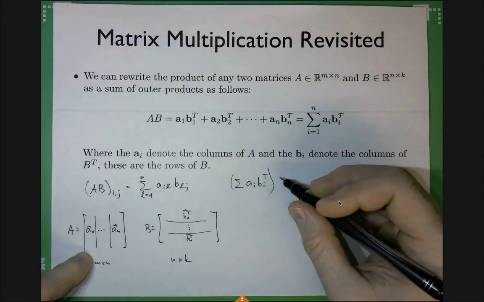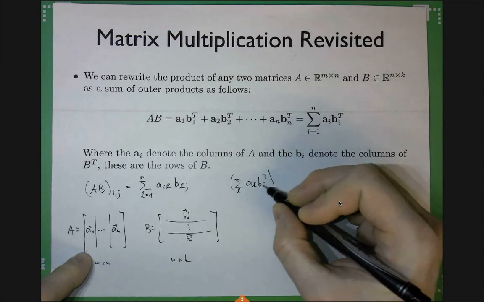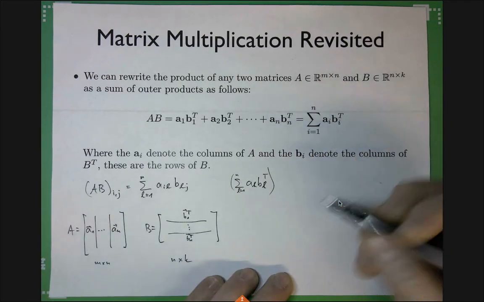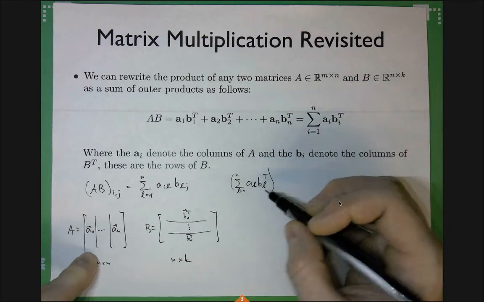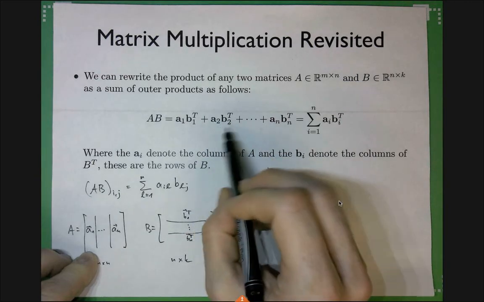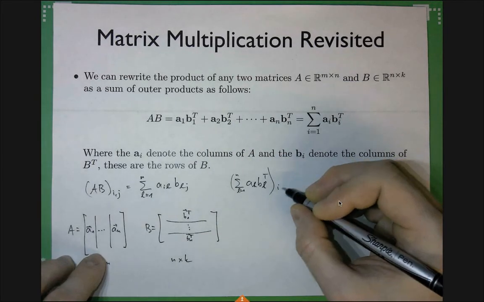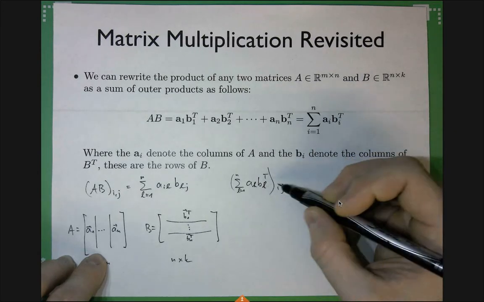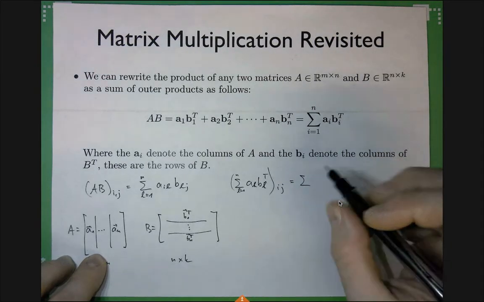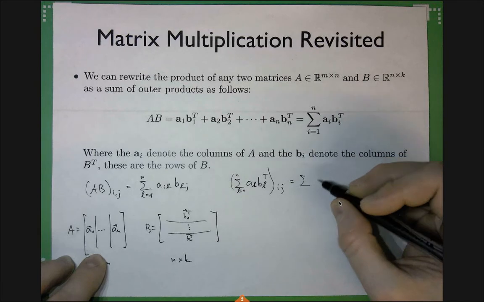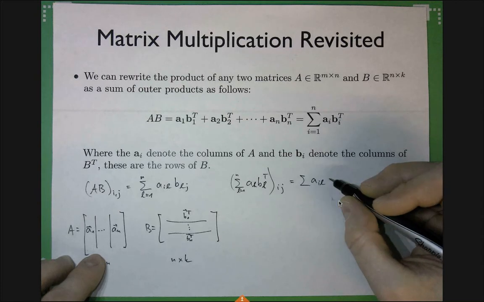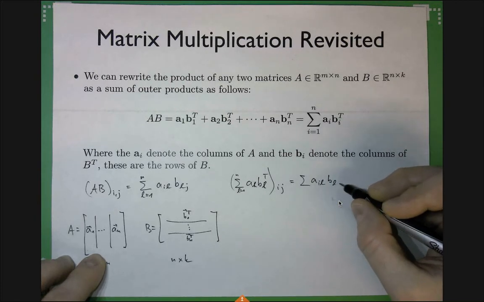Let me use L, so I don't have a confusion of indices here. So L goes from 1 to N, and every single one of them is just an outer product of the two vectors. The first one is A1 times B1 transpose, then A2 times B2 transpose, and so on. If I look at the ith row and jth column of this matrix, it turns out that it's nothing more than element number i of the L-th A vector and element number j of the L-th B vector.